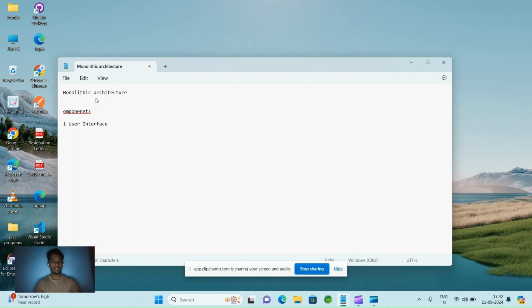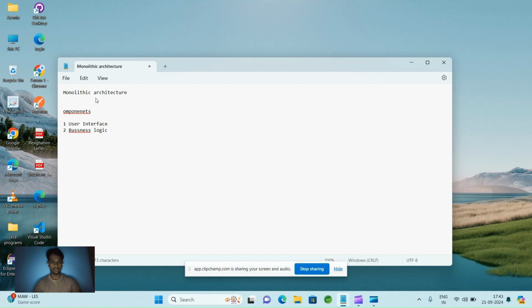Second is business logic. Business logic is what governs how our project works, how our system runs, and gives the application behavior.